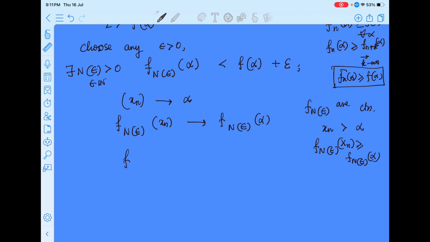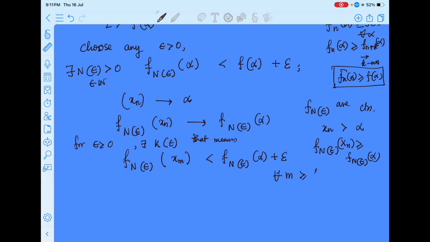That means for epsilon greater than 0, there exists a k epsilon such that fn epsilon of xm is less than fn epsilon of alpha plus epsilon for all m greater than or equal to k epsilon. There is no doubt about that.